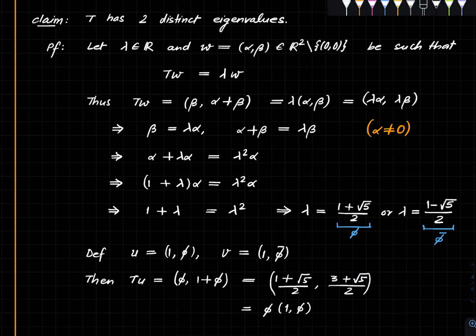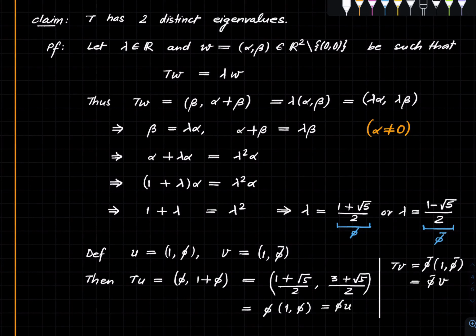So just check that TU is equal to phi times (1, phi). It's just a matter of computation. And TV, maybe I'll write it here. TV is equal to (phi bar, 1), which is phi bar times (1, phi bar), which is phi bar V, and I should have written that this is equal to phi U.